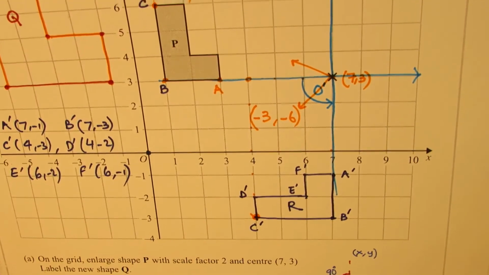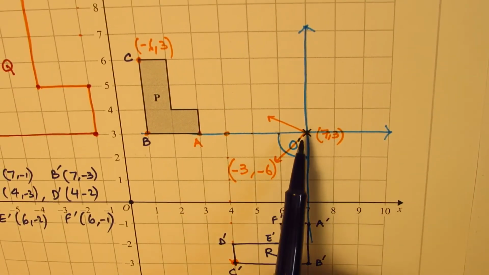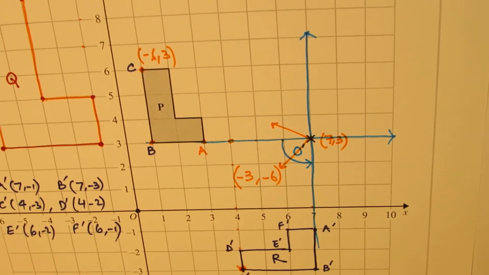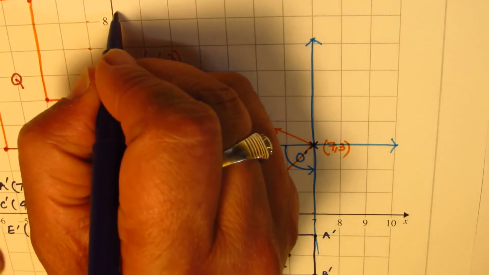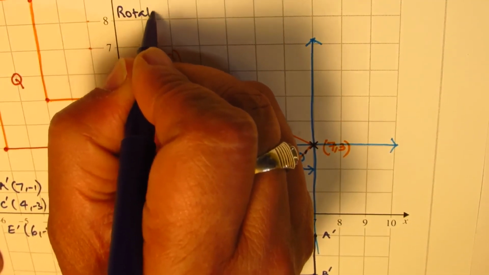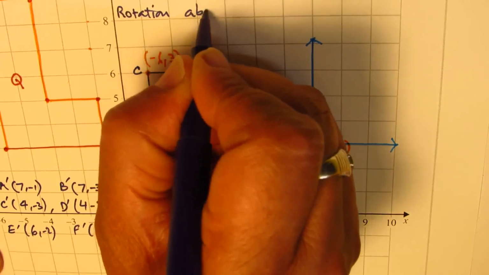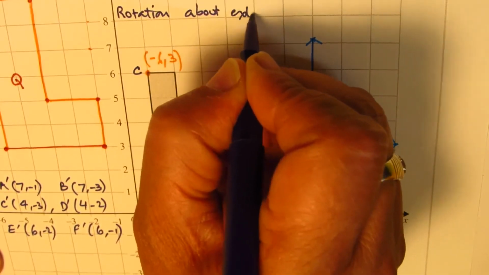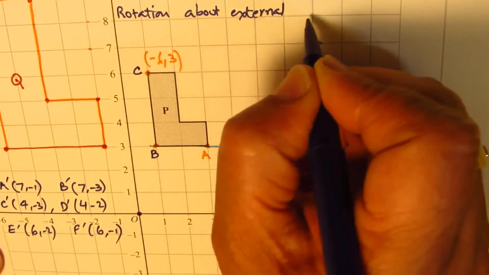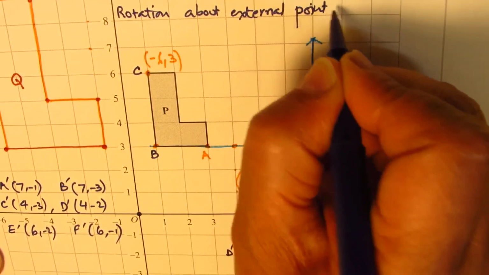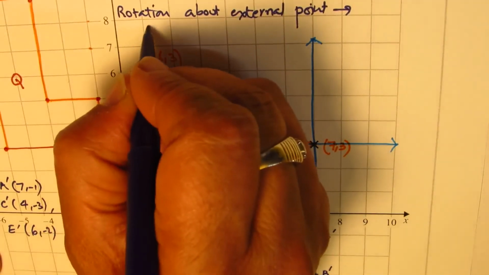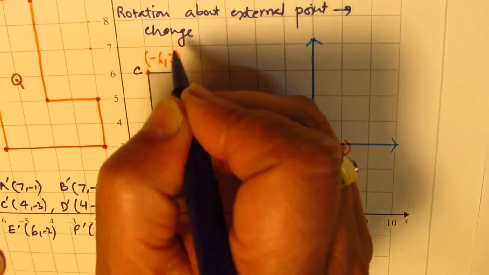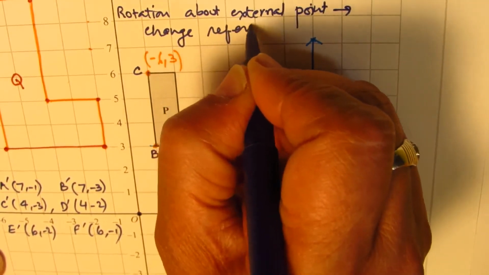Now see how we actually did the rotation about an external point. So remember, when you're talking about rotation about an external point, then what you should do is change reference.